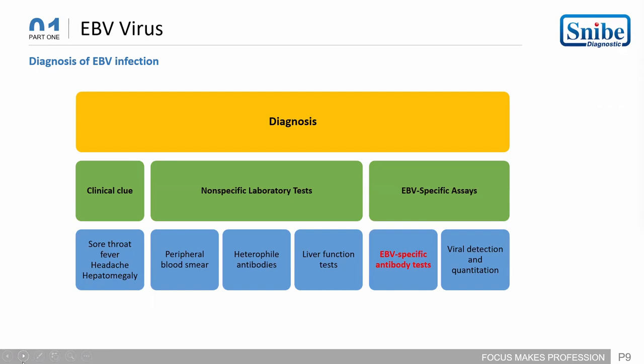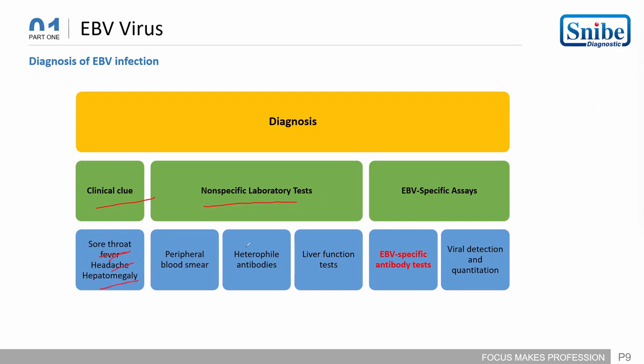So what are the diagnostic tools to rule out EBV infection? The first diagnostic tool is the clinical findings, the clinical clues, like sore throat, fever, headache, and hepatomegaly.